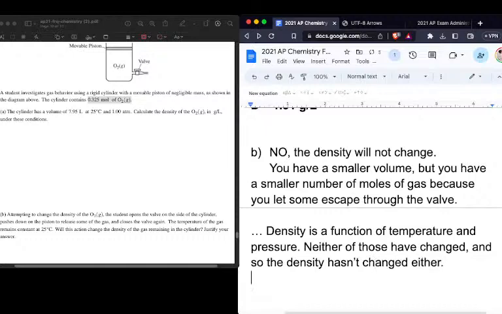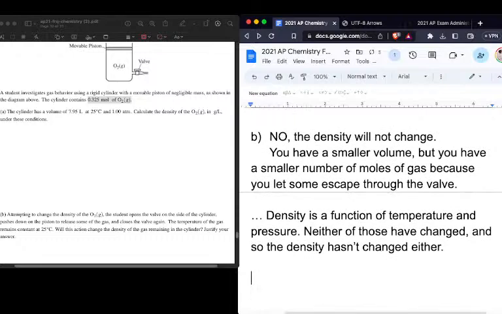It's a little bit of a stretch for me to say that the density is a function of temperature and pressure, so let me show you what I mean by that. Density is mass over volume, and in addition, PV equals nRT.